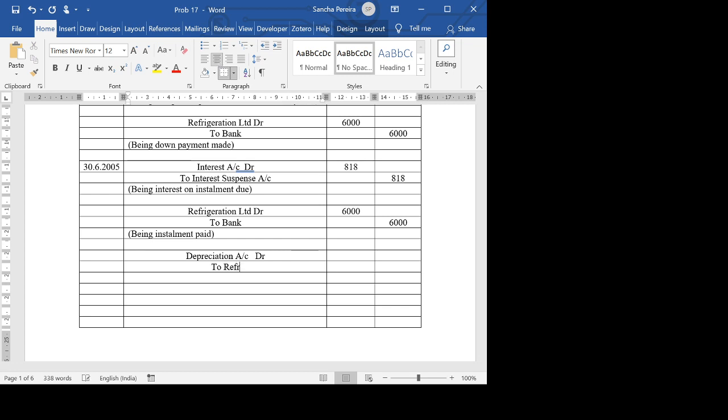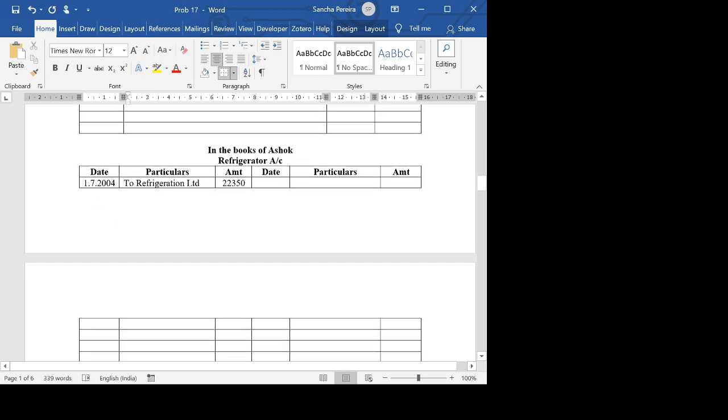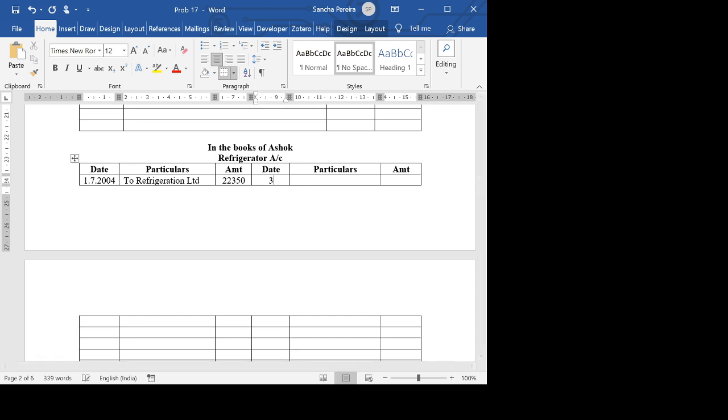Here the asset is refrigerator. It will be easier to calculate the depreciation in the asset account itself. So in the refrigerator account it will be by depreciation, 30th June 2005.